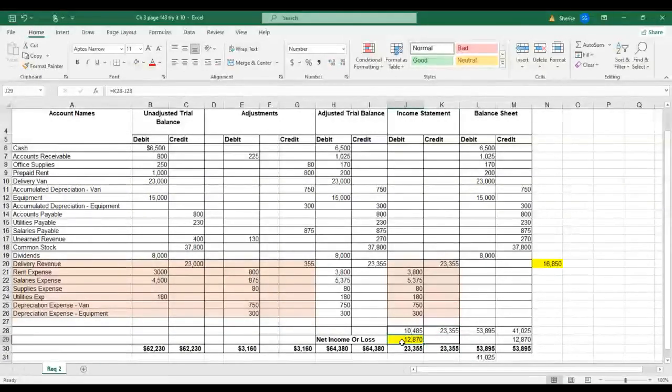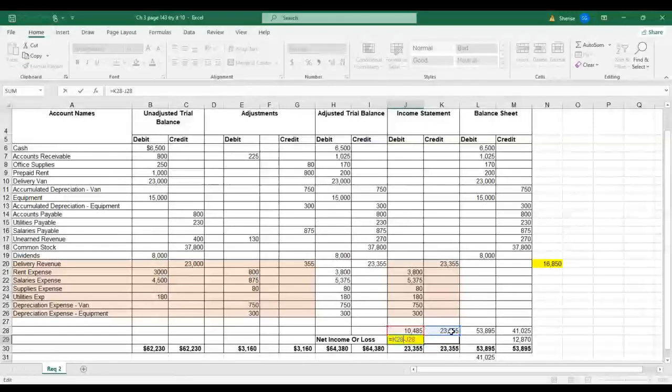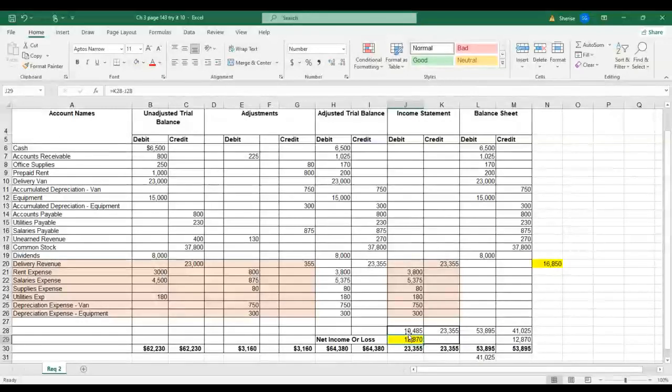And then the difference of the revenue and the total of the expenses. Remember, revenue minus expenses equals net income. That's what your net income or net loss will be. So this is just the difference of the two. The 23 minus the 10 equals the 12.